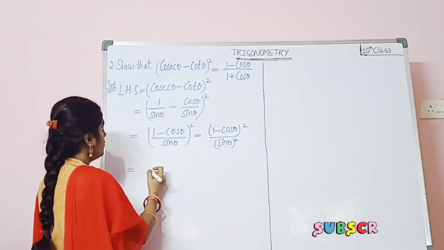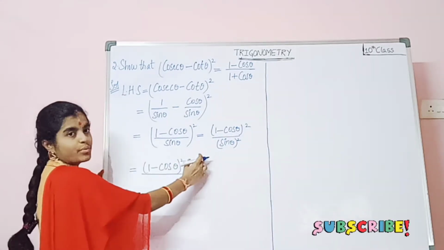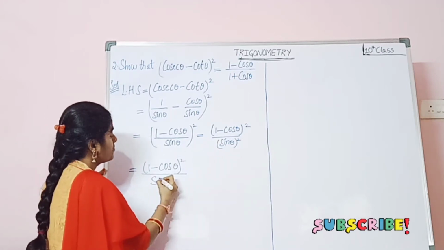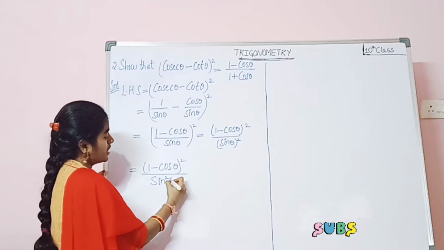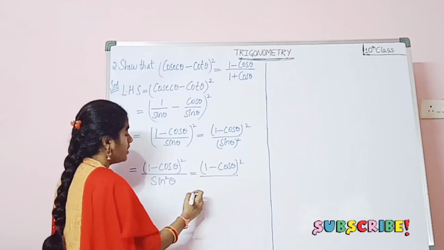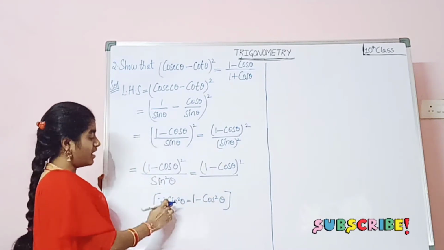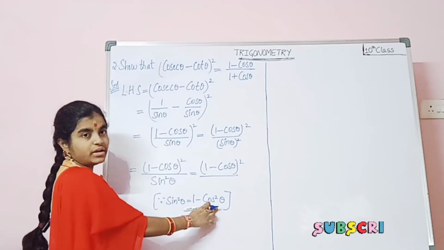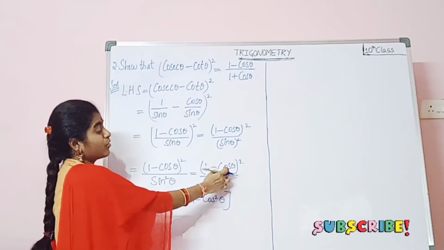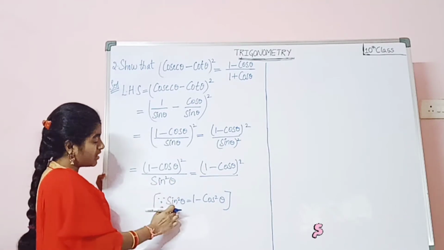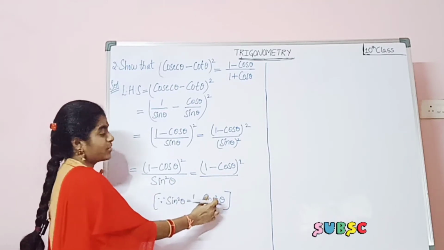That equals 1 minus cos theta whole square as it is, by this sin theta whole square, which can be written as sin square theta. Now this sin square theta can be written as, since sin square theta equals 1 minus cos square theta, that equals 1 minus cos theta whole square by 1 minus cos square theta.